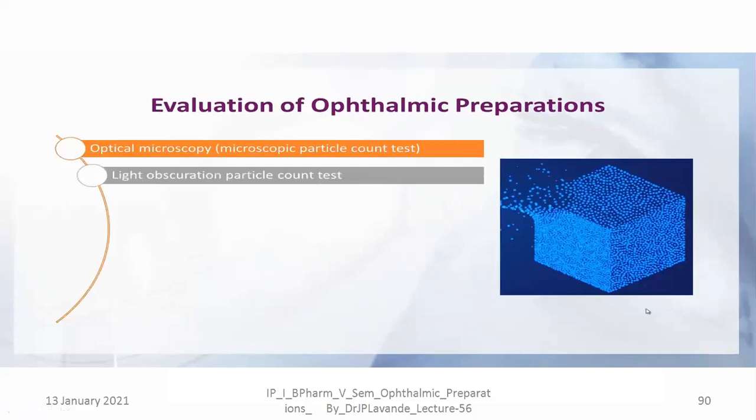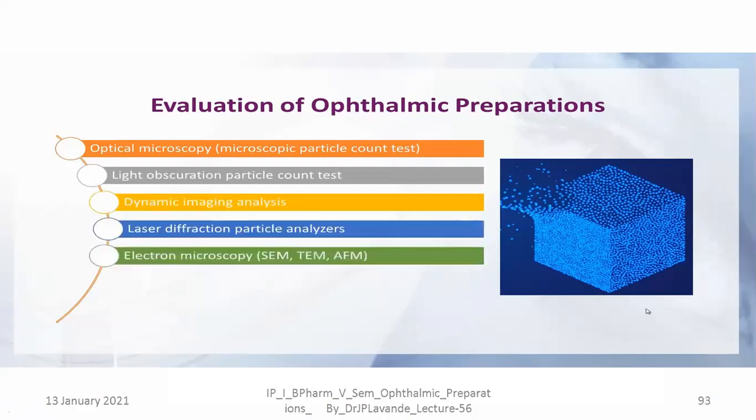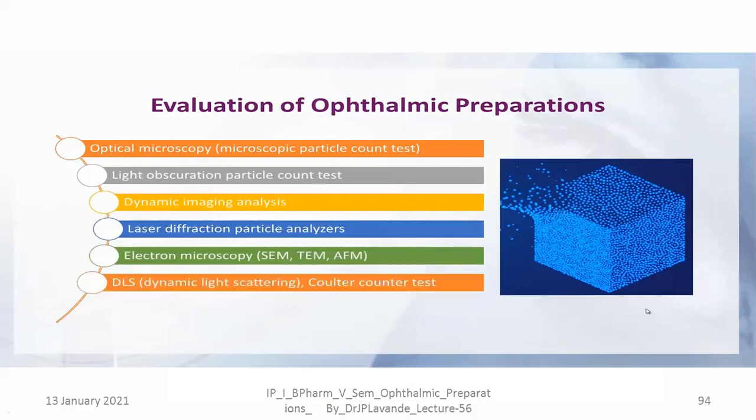Next is the optical microscopy. The optical microscopy involves the microscopic examination and microscopic particle count test. That involves the light obscuration particle count test, and it involves the dynamic imaging analysis. There are laser diffraction particle analyzers, like the electron microscopy, SEM, TEM, and the AFM.